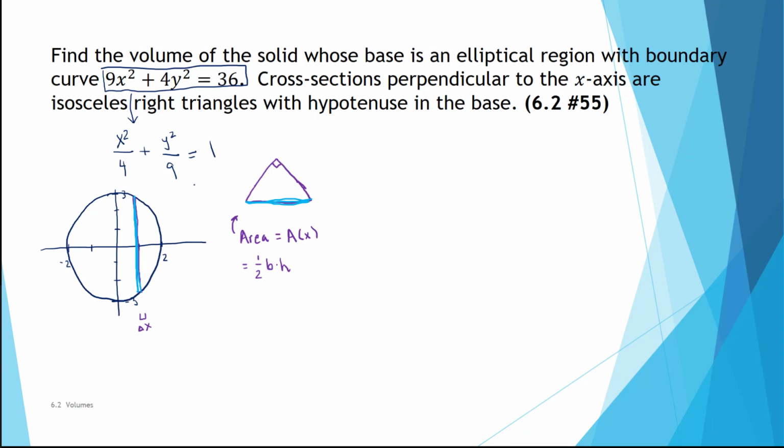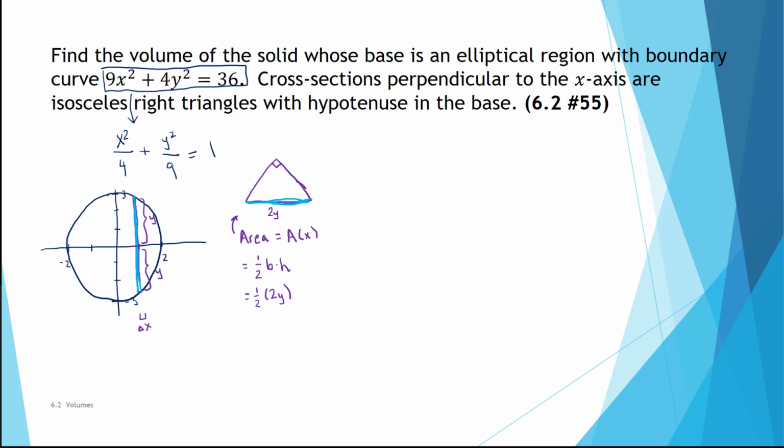Okay, well, let's see. We know that the area of a triangle is 1/2 base times height. We know the base is the blue line here. If I look just from the x-axis up to the top, this has height y, and then because of the symmetry of the ellipse, this also has height y. So the base is 2y. So we have 1/2, the base is 2y.